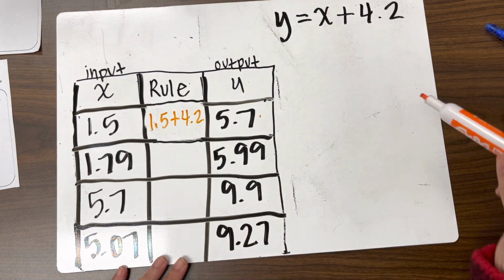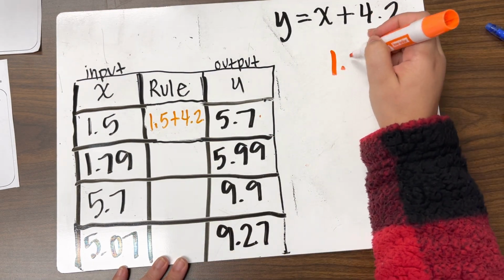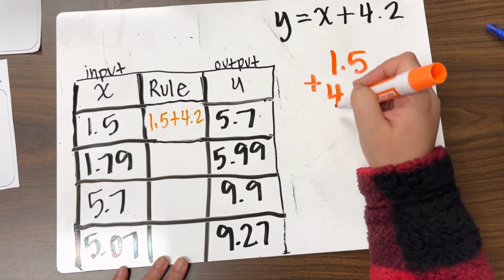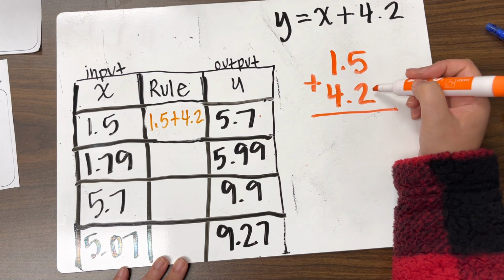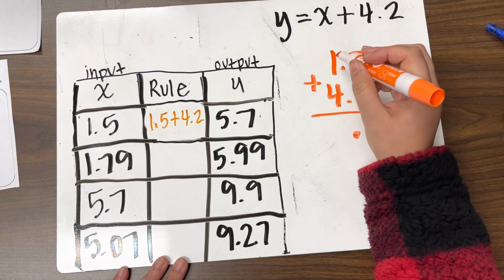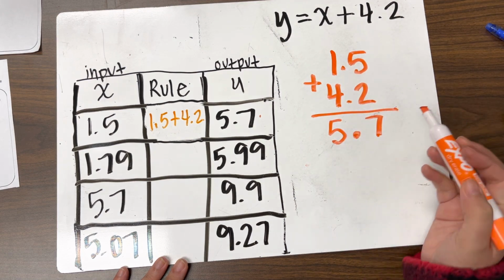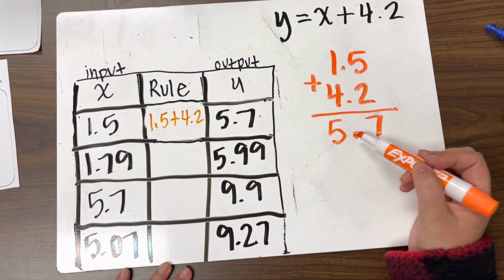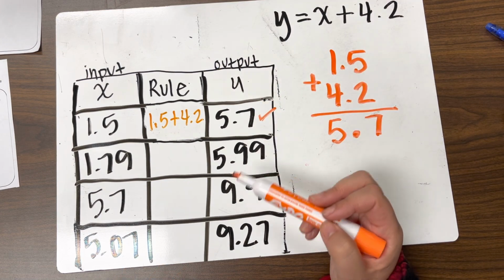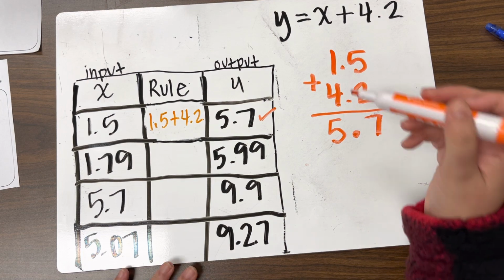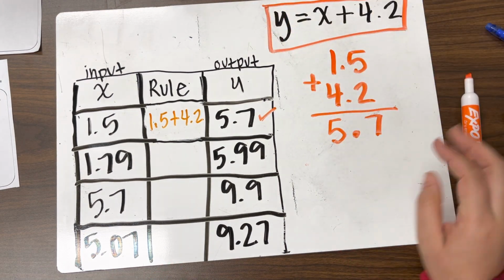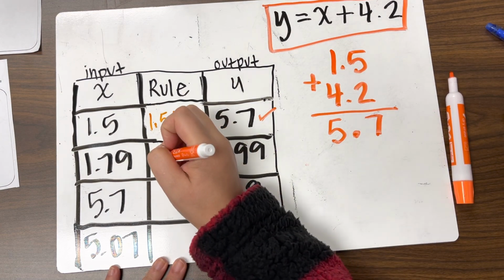So let's see if it works. 1.5 plus 4.2. 5 plus 2 is 7. Bring down your decimal. 4 plus 1 is 5. And see how 5.7 matches the output as 5.7, okay? So we have found our rule. This is the equation that I can fill in.